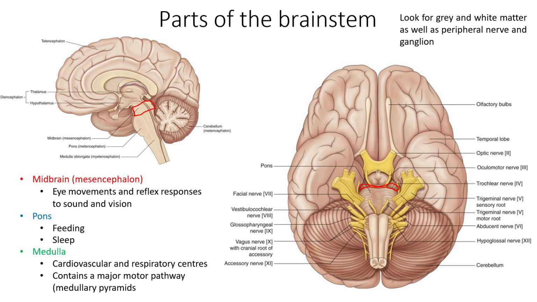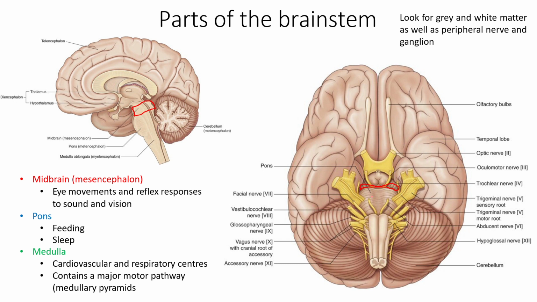Now, the midbrain, otherwise known as the mesencephalon, meso meaning middle, is a very important part of the brain clinically, and we're going to be looking at it in much more detail in the coming weeks. It's very important for eye movements and also for reflexes relating to hearing and the visual system.